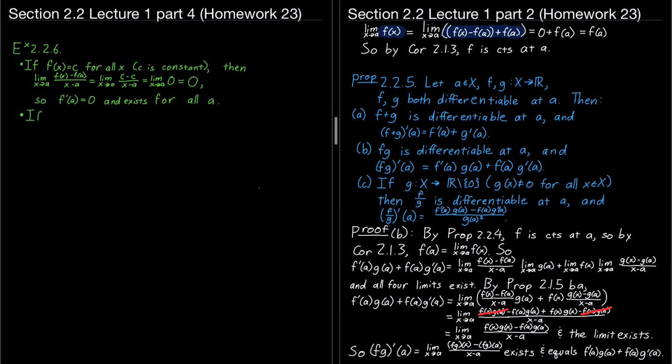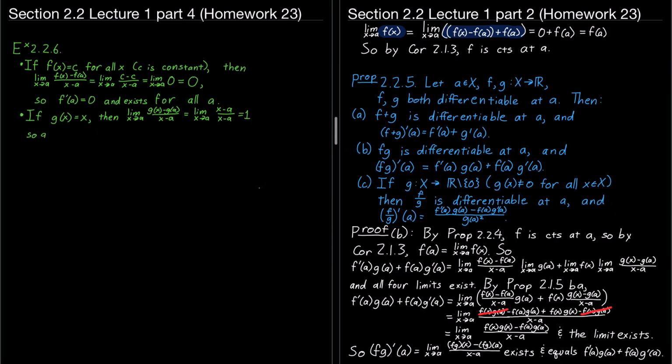So now, if g of x is the identity function x, then the limit as x approaches a of g of x minus g of a over x minus a is the limit as x approaches a of x minus a over x minus a, which equals 1.